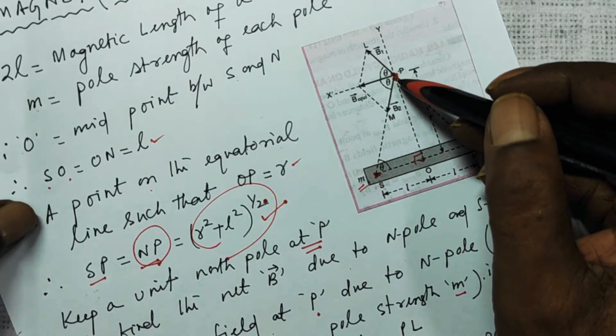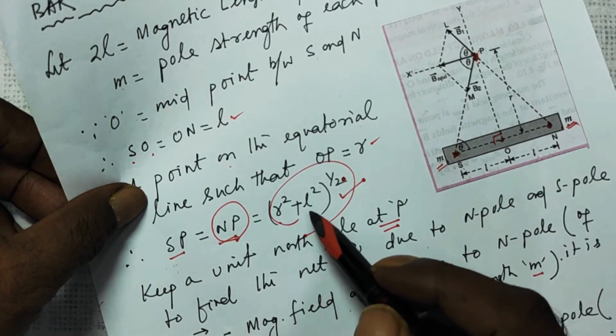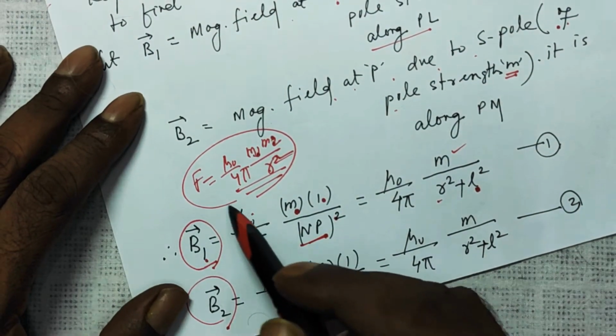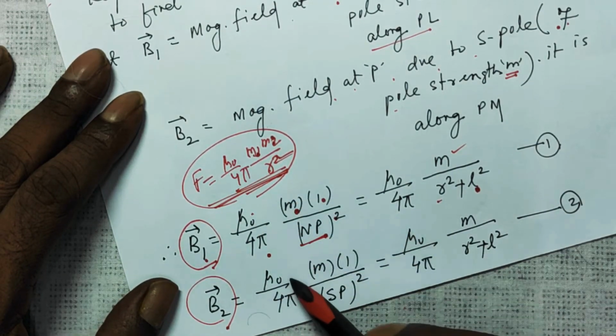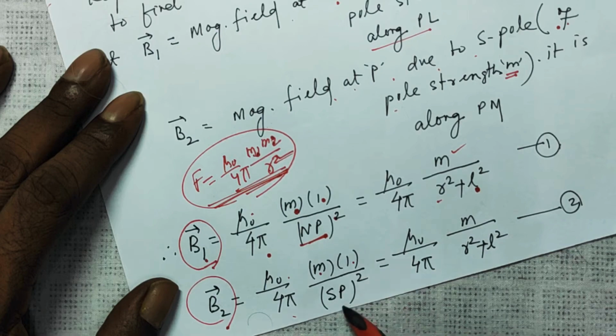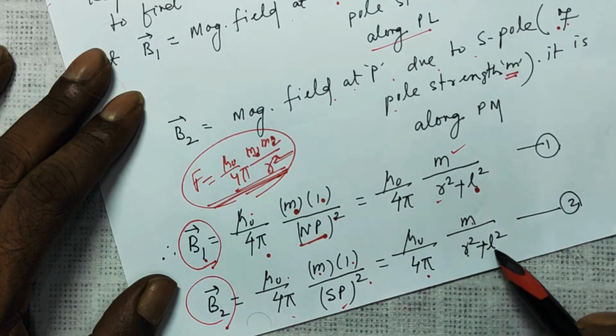Unit means magnitude is 1, and the distance from here to here is also the square root of R square plus L square. So using this same expression, Coulomb's law in magnetism, B2 is mu naught over 4 pi, m into 1 over SP square, that is mu naught over 4 pi, m divided by r square plus L square.